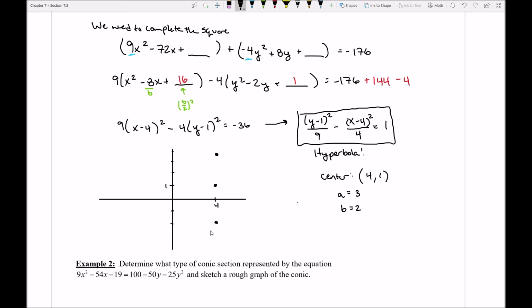Now, to see the full picture, what I can actually do is also utilize this value of b. If I move 2 units out in either direction from the center to get these points, I can actually go ahead really quickly and create a little box that kind of encloses all of these points. And this is a very standard way of attempting to graph a hyperbola.